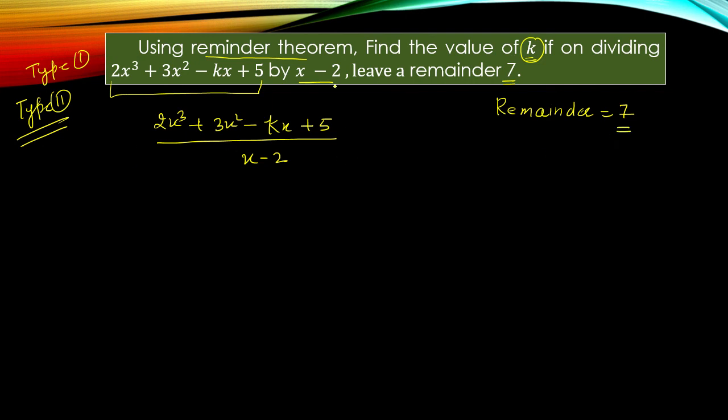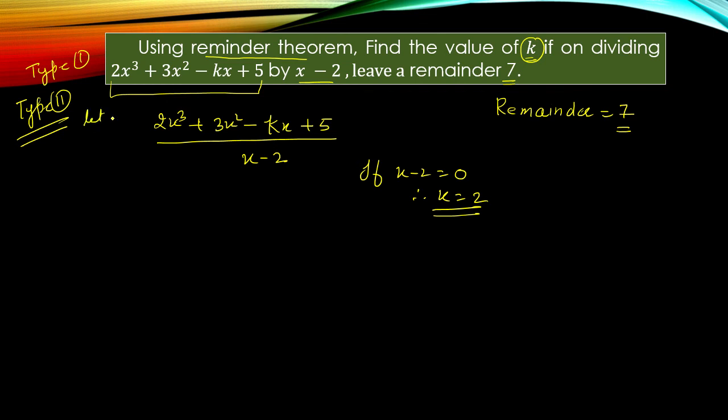Now what does the remainder theorem say? Get the 0 of the divisor. If x minus 2 is equal to 0, therefore the 0 of the divisor is 2. If we get the 0 of the divisor and put it into the dividend, we will get the remainder. Suppose the polynomial is p(x).